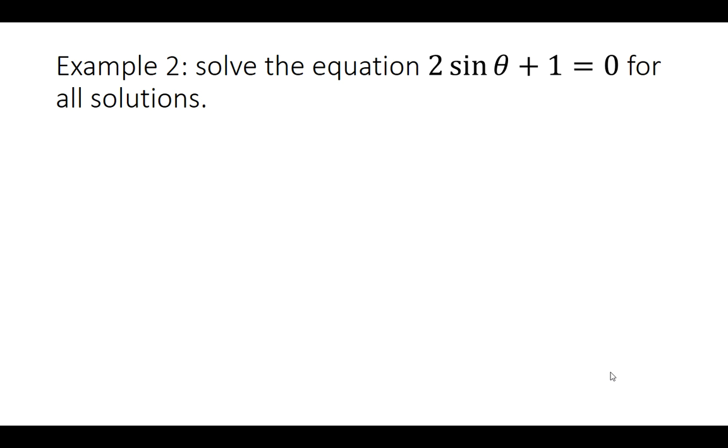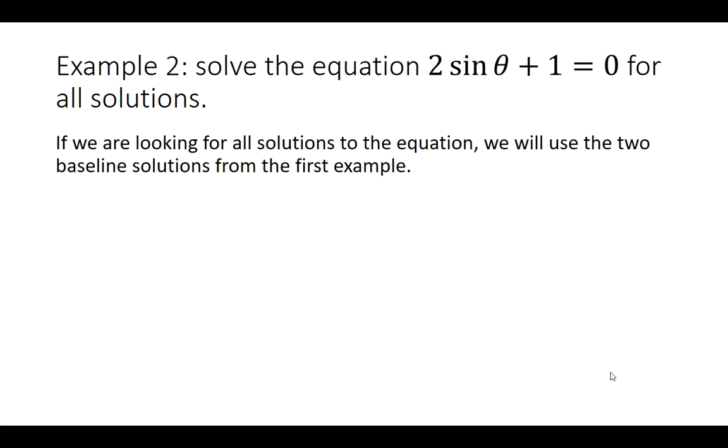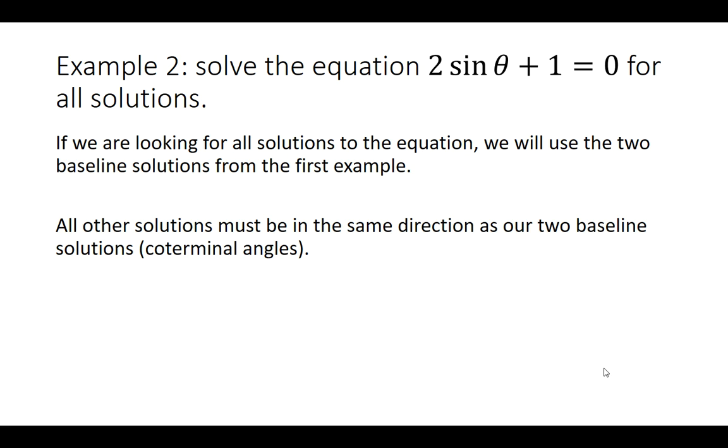Example 2, same equation, but now we're going to look for all solutions. So the first steps are find those baseline solutions, which we did. They were the 210 degree and 330 degree direction. All solutions to this equation must be in the same direction. That is, we need to find all angles coterminal to 210 degrees and 330 degrees.